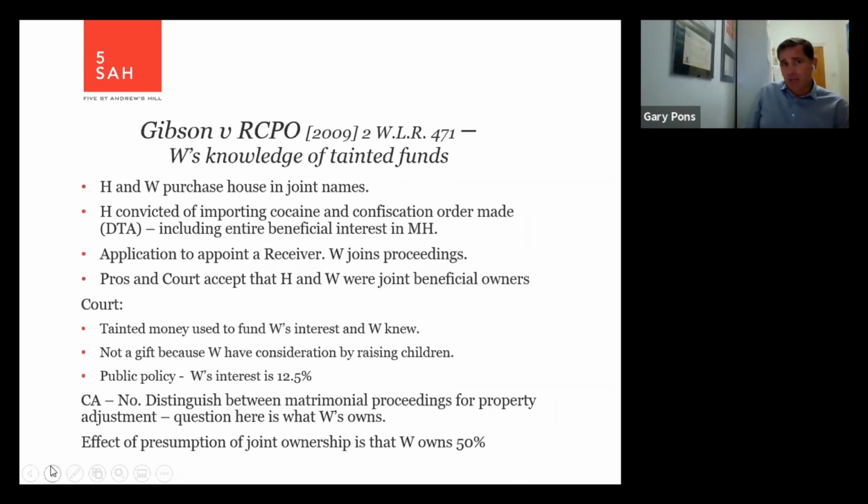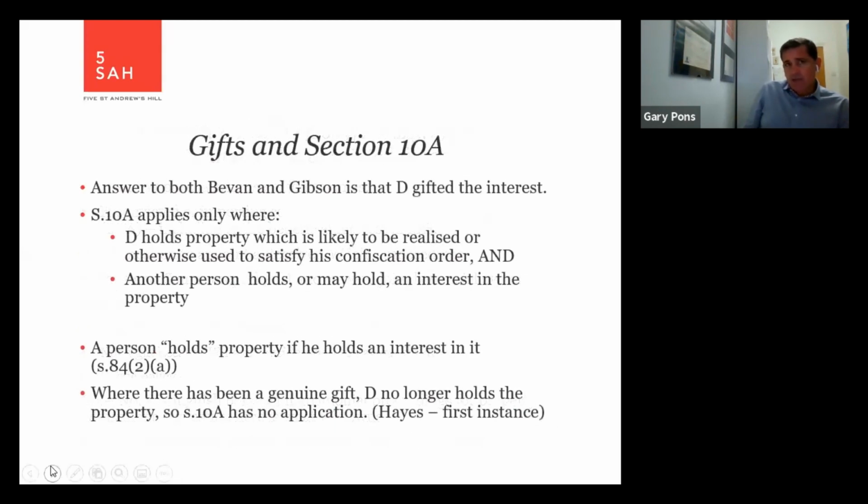Once everyone had agreed that the effect of the presumption of joint ownership was that the wife owned 50%, then it was inevitable that the receiver would only be appointed over the 50% that related to the husband's. In relation to Gibson, the reality is it's extremely unlikely that Gibson would be decided in precisely the same way now. That's because of the case of Hayes, which we will come to shortly.